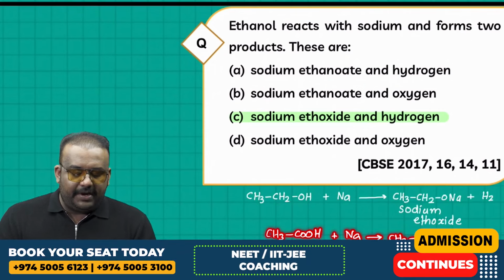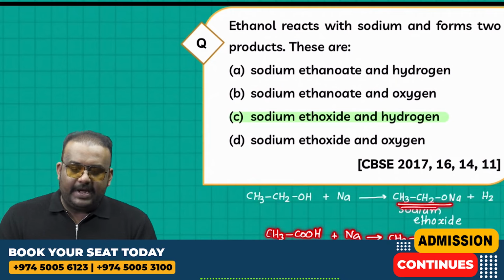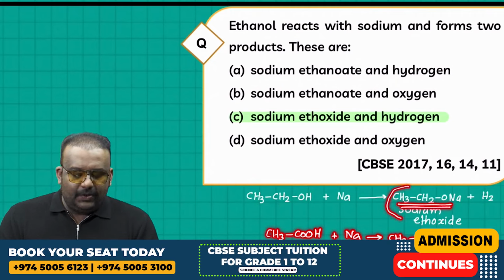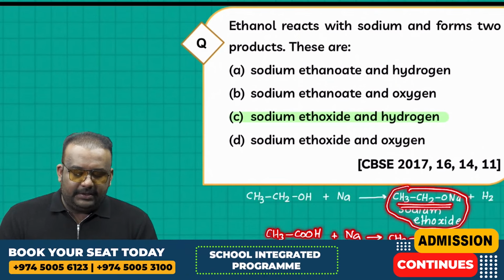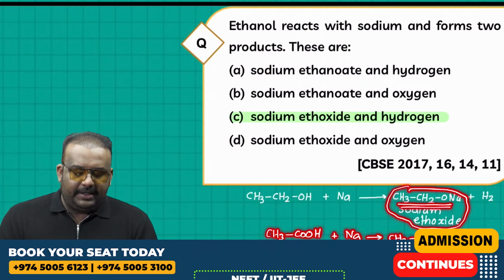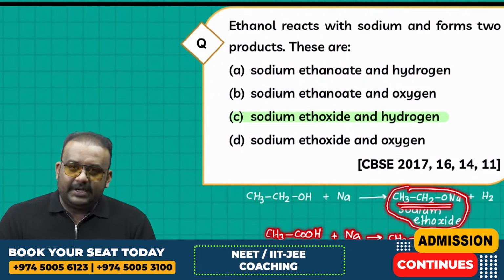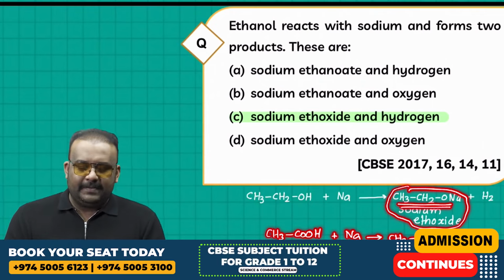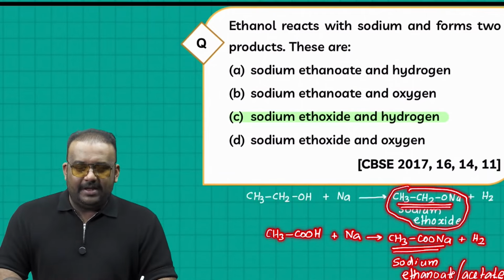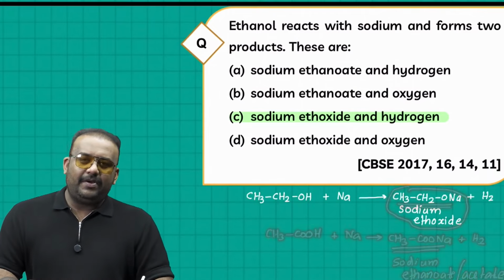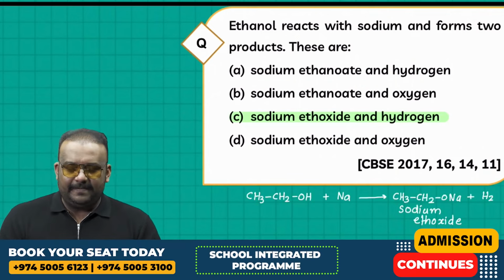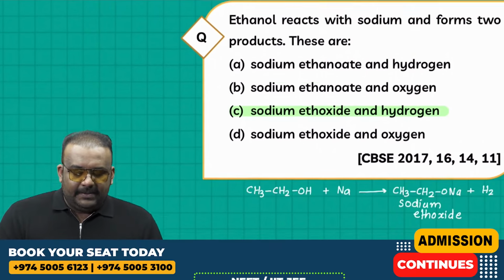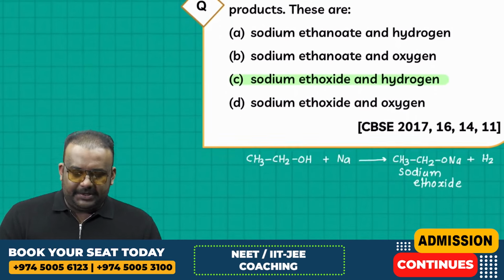So you should not have a confusion between this compound and this compound. This is sodium ethoxide, while this is called sodium ethanoate. Sodium ethanoate, or we can also call it sodium acetate. So please keep this point in mind when you answer any question related to the reactions of ethanol and ethanoic acid. Right. So let's move on to the next question.